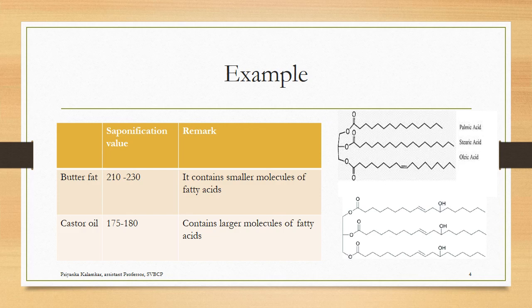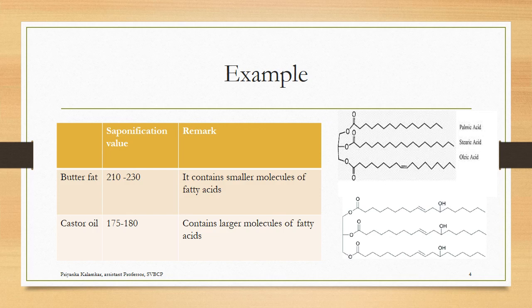So what I can predict based on the sap value is, if I compare these two samples presented here, butterfat and castor oil, as compared to castor oil, butterfat has a higher saponification value. As it is inversely proportional, the molecular mass will be lower. If the average molecular weight is lower, it is because of the small carbon chain length present in the fatty acid.